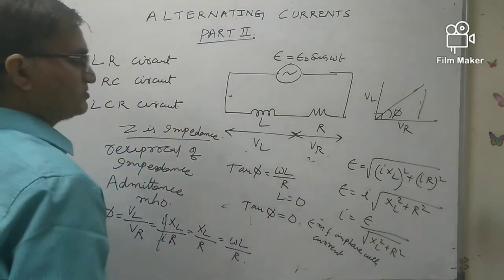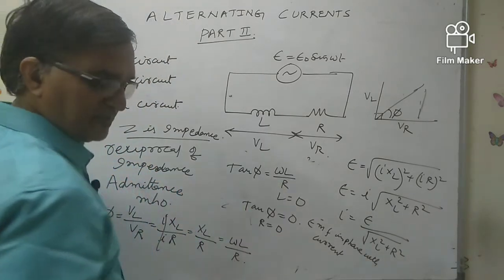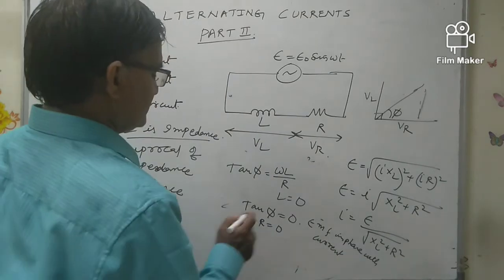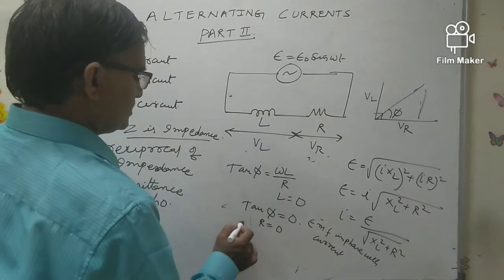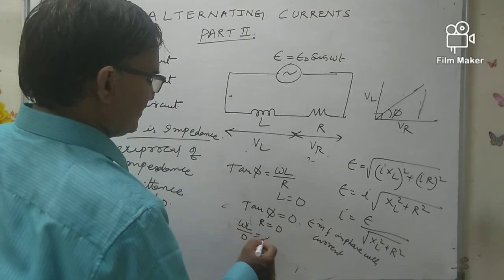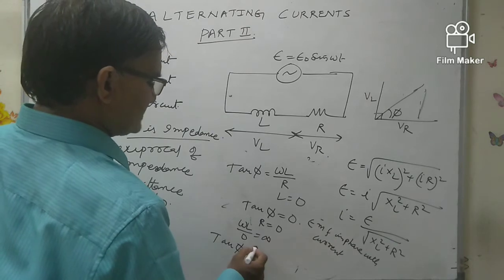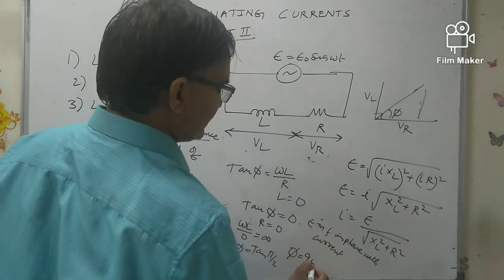Now suppose R is 0. R is equal to 0 means omega L by 0 becomes infinity. So tan phi is equal to infinity, that is tan 90, tan pi by 2. Phi is equal to 90 degrees.